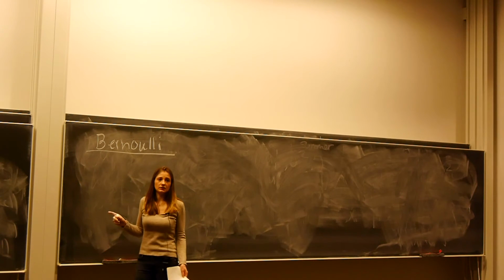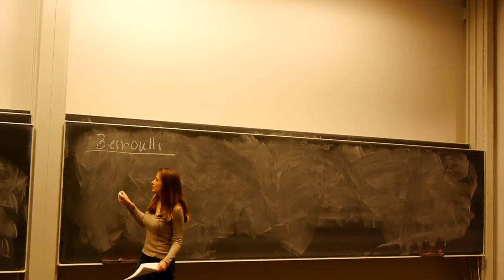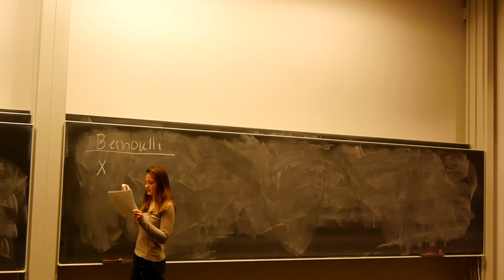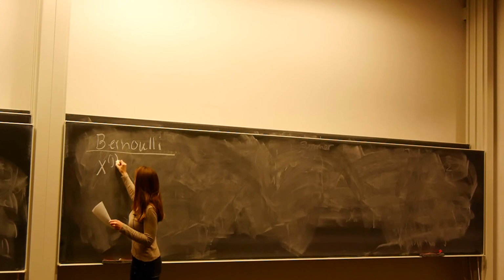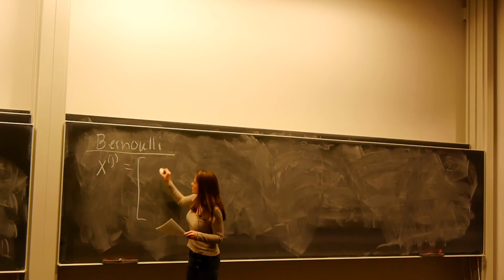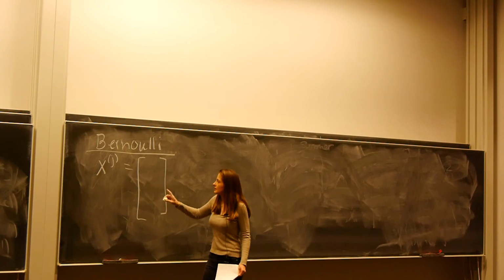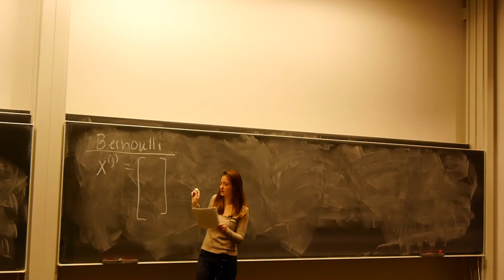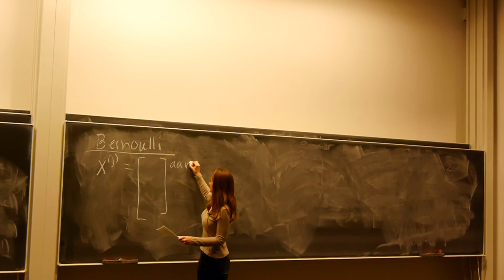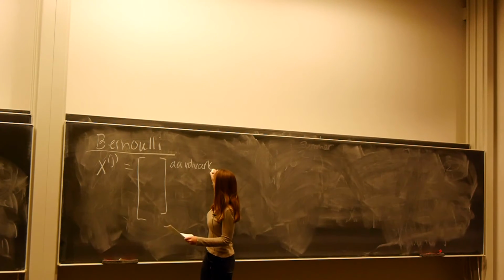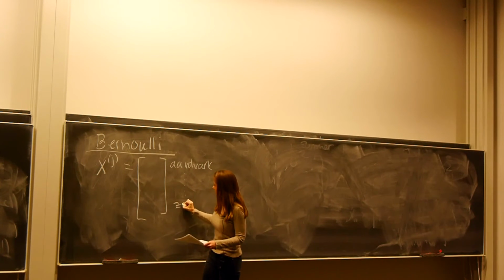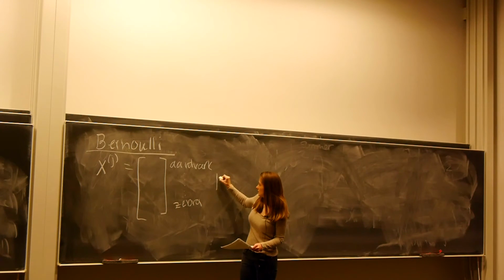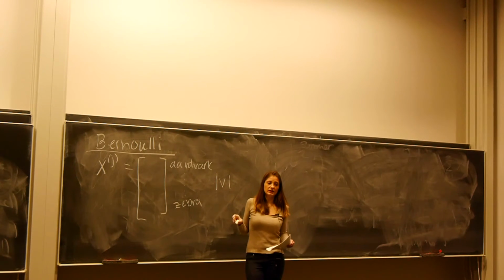In the Bernoulli model, we represent each document in the following way. We have a big vector, and each position in the vector corresponds to a word in our vocabulary. The first one could be aardvark, and the last one could be zebra.